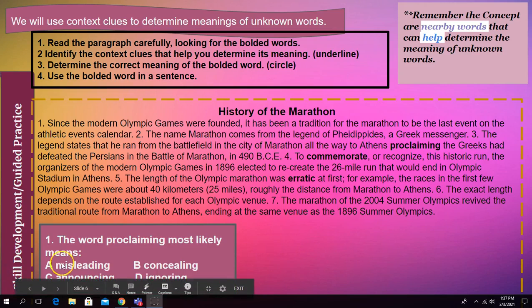So we want to figure out what the word proclaiming most likely means. What does the word proclaiming most likely mean? And why do I keep saying most likely? Most likely means as closest to as possible.